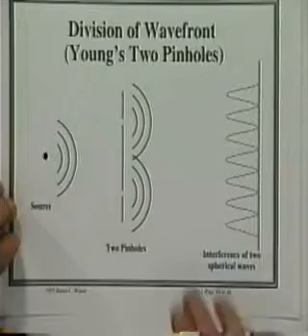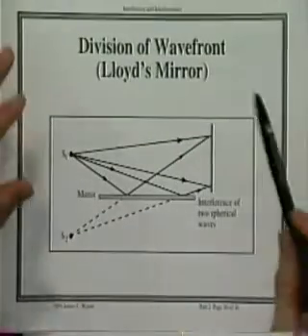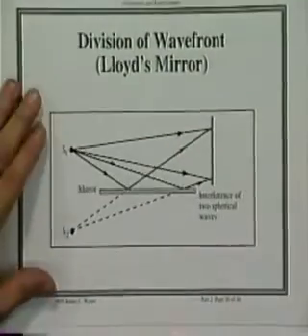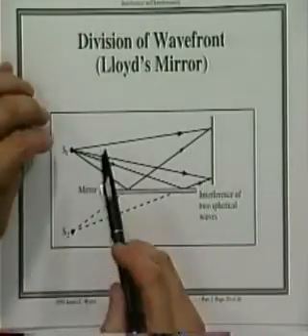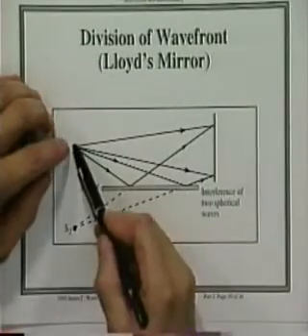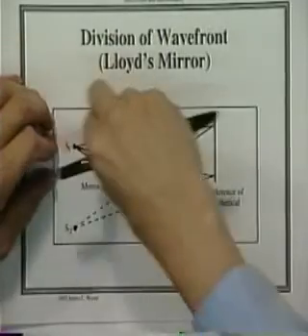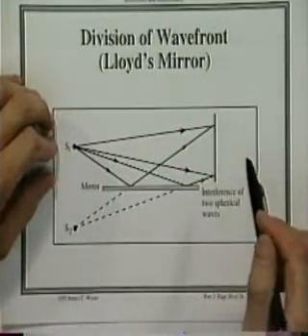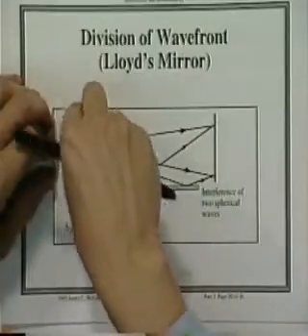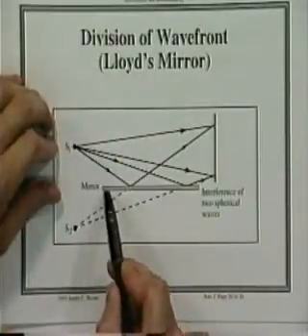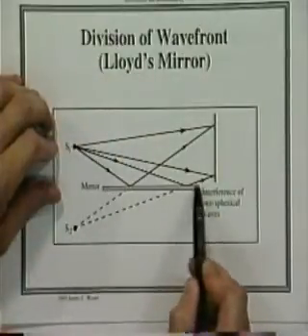There are a lot of ways of getting division of wavefront. The next one here is what's called Lloyd's mirror, because there's only one mirror here. The idea is we have a point source there, and the light goes out here. So part of the wavefront comes here. Now part of the wavefront comes down here and reflects off this mirror.